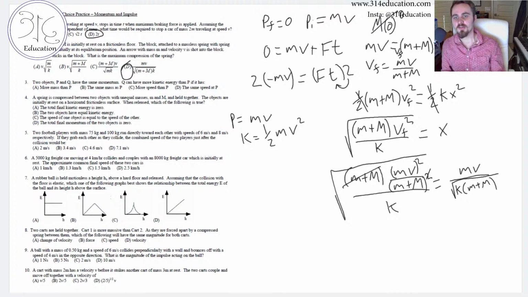So this tells us Q can have more kinetic energy if it has more speed than P. The magnitude of the velocity is higher. If they have the same mass, or a larger mass, that just scales it up at the same rate.